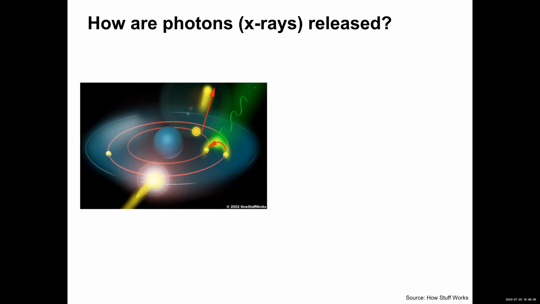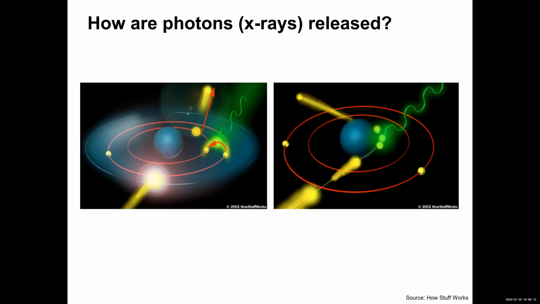And this is a big energy drop, so the released photon has high energy, and this is basically the X-ray photon that is produced. Another thing is that free electrons can also generate photons without hitting an atom. An atom's nucleus may attract a speeding electron just enough to change its course, and the electron slows down and changes direction as it speeds past the atom. And this slowing down action causes the electron to emit excess energy in the form of an X-ray photon.